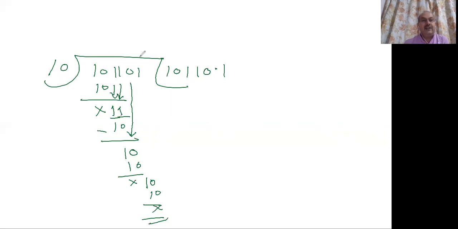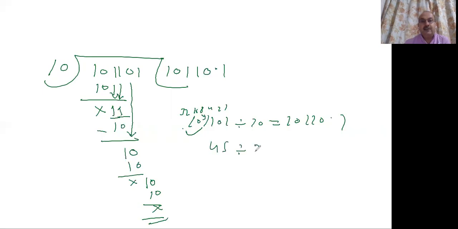Let's check this answer. What is it? 101101 divided by 10 equals 10110.1. What is this? 1, 2, 4, 8, 16, 32: 32, 8 is 40, 44, 45, divided by 2.